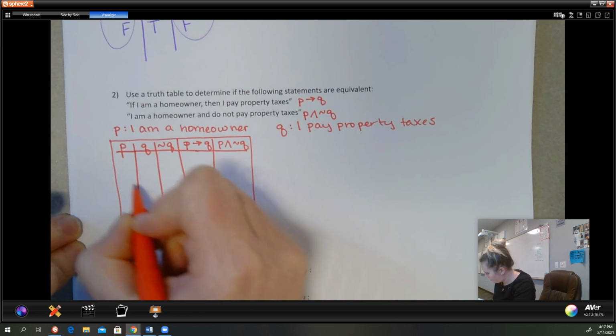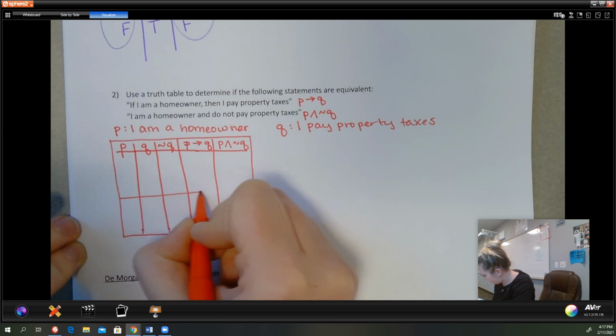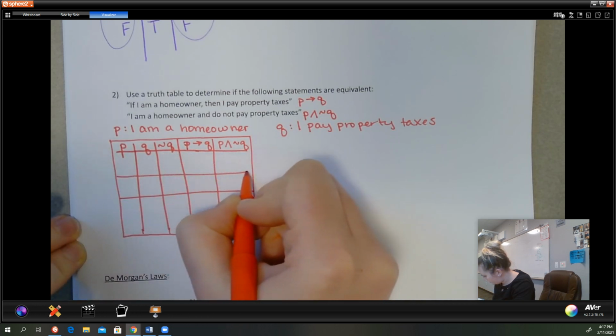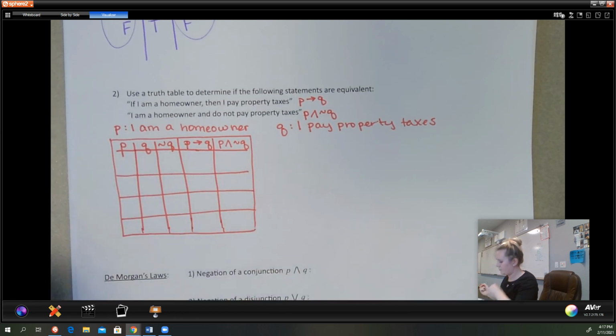You only need 4 rows on this one, because we're only talking about two statements. So 2 squared is 4.